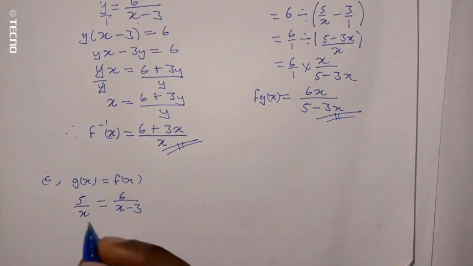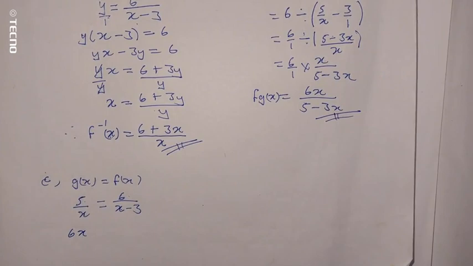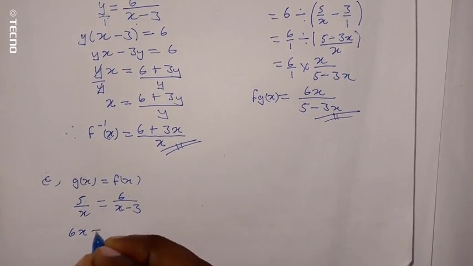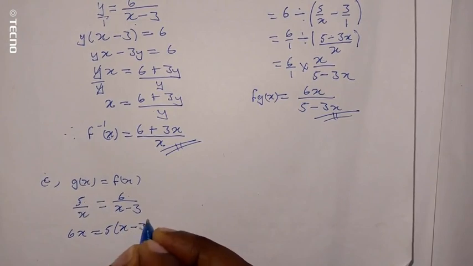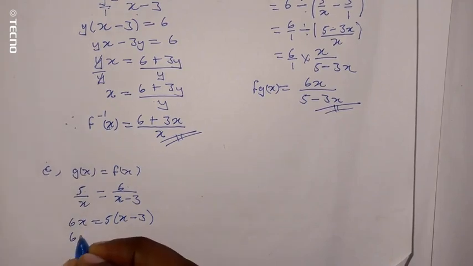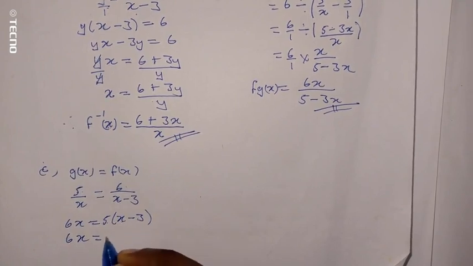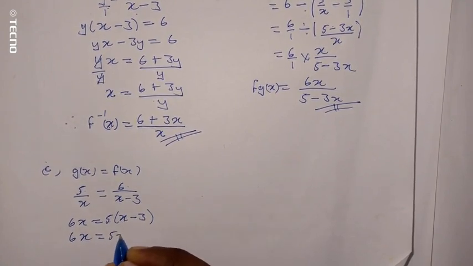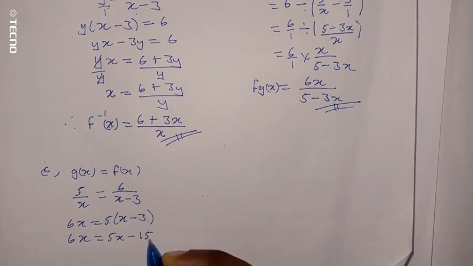So this and this, you will get 6x. So 6x is equal to 5 times this one. I'll write it like this so that others can follow properly. So 6x is equal to 5 times x, which is 5x, then minus 5 times 3, which is 15.